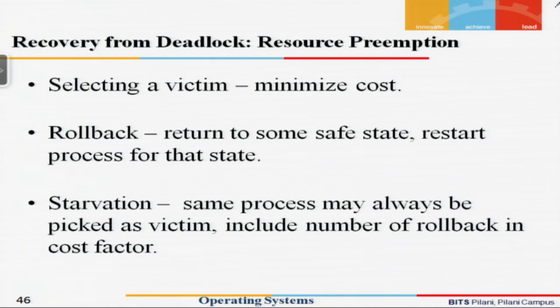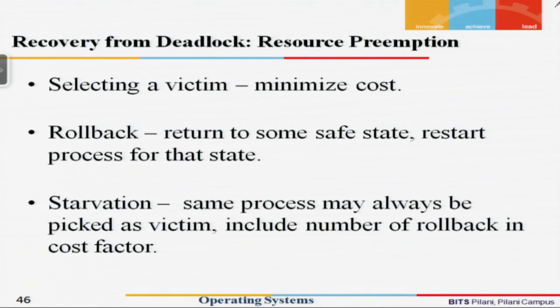Another approach could be resource preemption. We don't abort the process, but we try to do a resource preemption, meaning that we forcibly try to get the resource preempted from the working device.